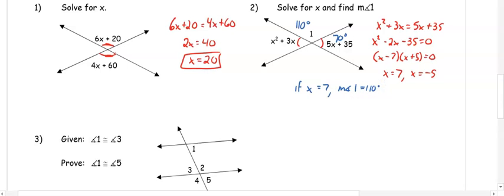Then, if I use x equals negative 5, 5 times negative 5 plus 35 is 10 degrees. Again, angle 1 and the 10 are supplementary, so I can subtract from 180. So our angle 1 would equal 170 degrees.